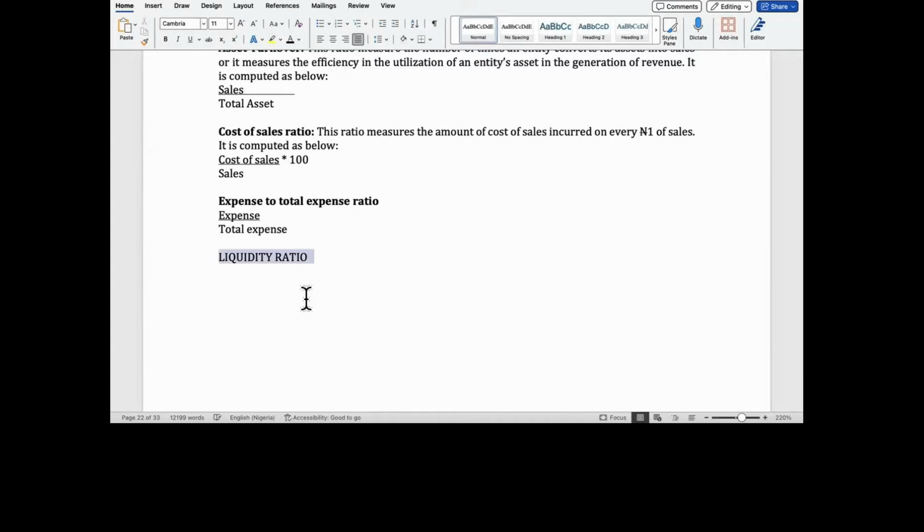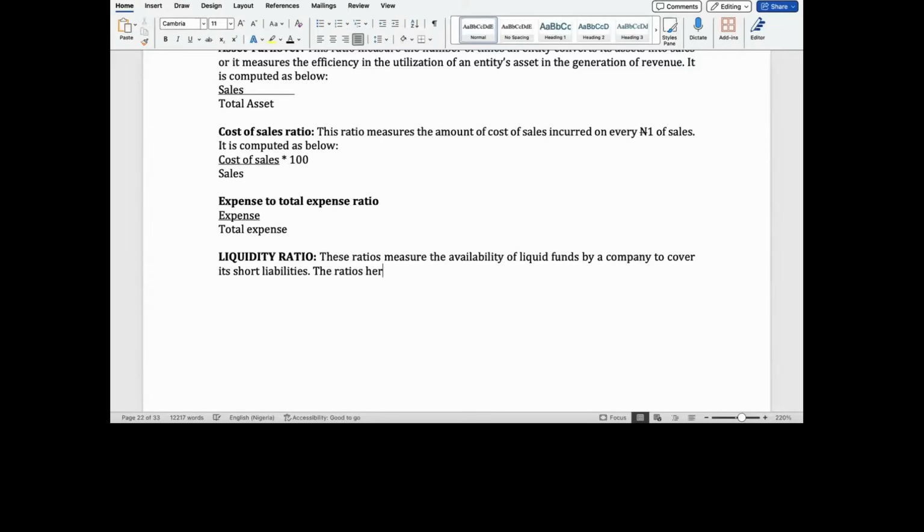The next set of ratios are liquidity ratios. These ratios measure the availability of liquid funds in a company to cover its short-term liabilities.